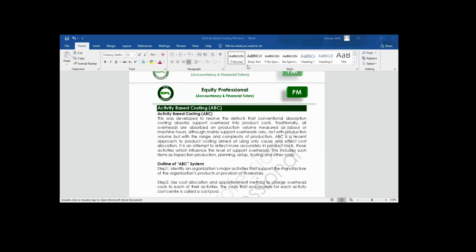These activities are called cost drivers.